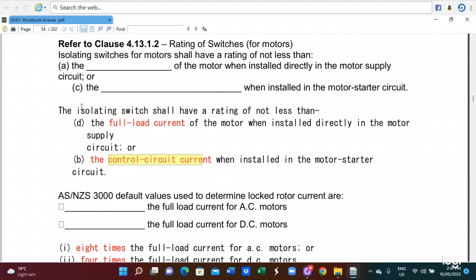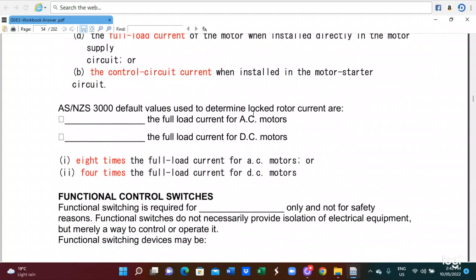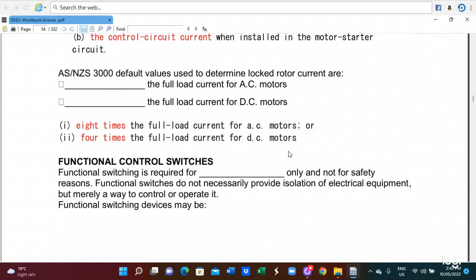The isolating switch shall have a rating not less than the full load current of the motor when installed directly in the motor supply, or the control circuit current when installed in the motor starter circuit. If a default value is used to determine the motor load current, use 8 times the full load current of an AC motor, or 4 times the full load current of a DC motor.